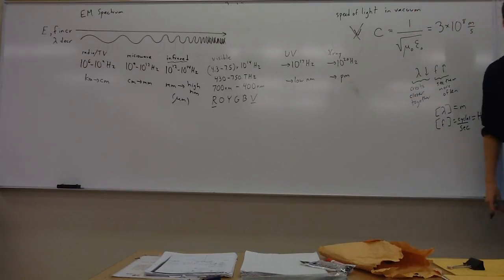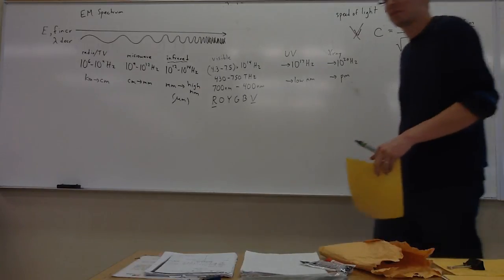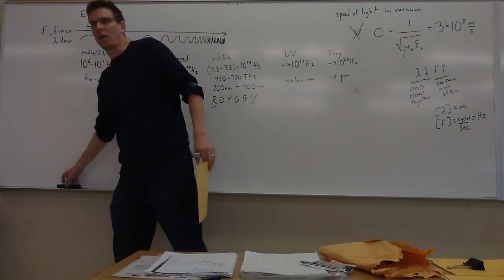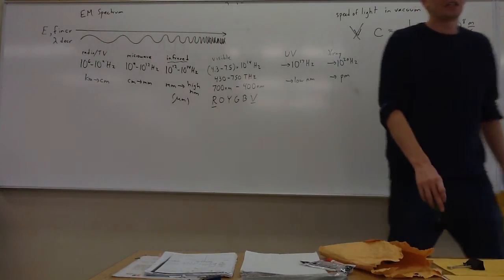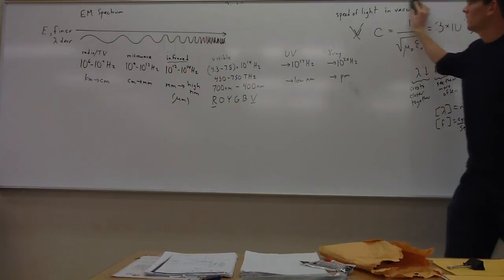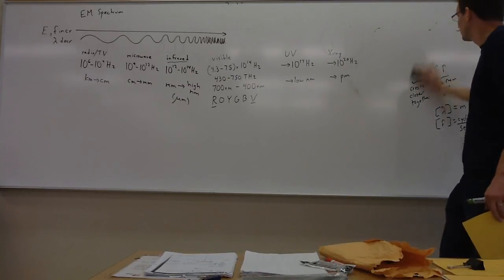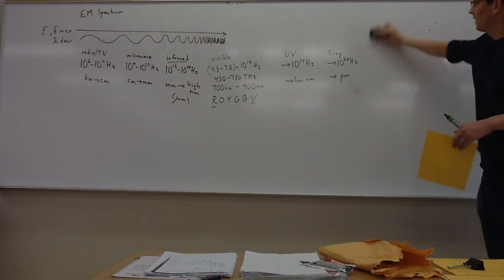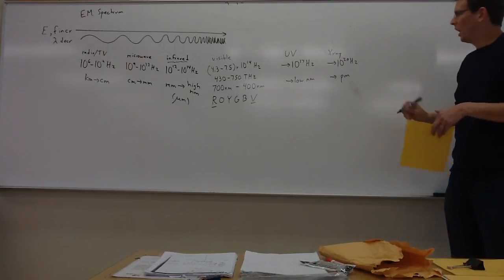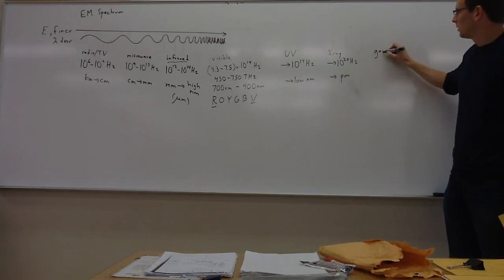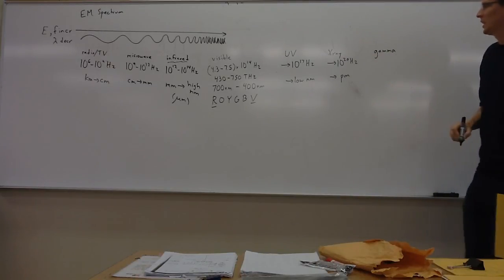Okay? So starting to perhaps be some of the prefixes that are so small as to be uncommon. Pico, that's 10 to the minus 12. These are all, by the way, on the equation sheet if you don't have them all memorized. And then everything from there up is what we call a gamma ray.